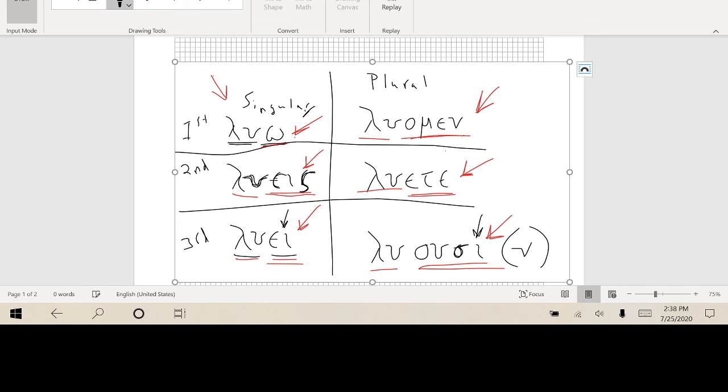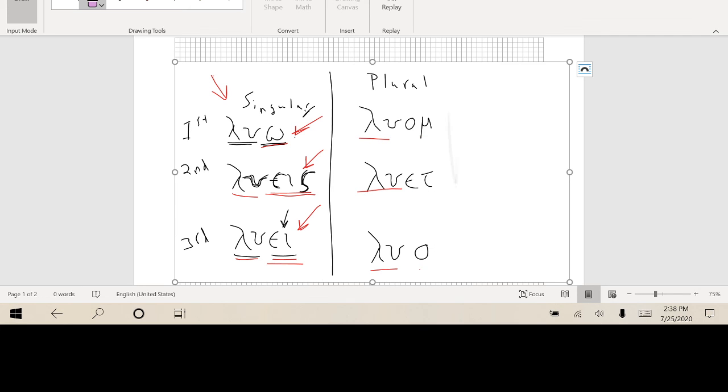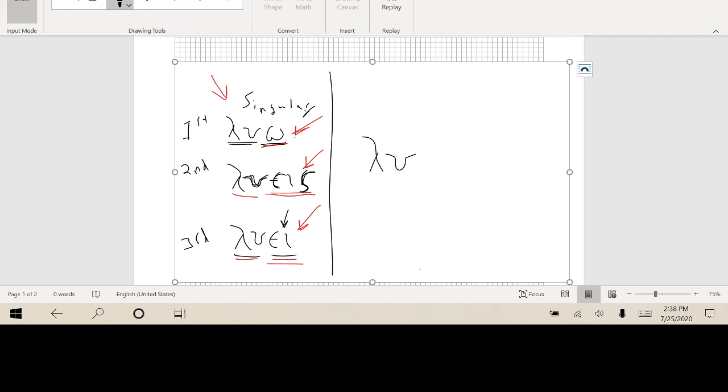Sometimes this movable nu will slip in to prevent hiatus. And you're like, what now? A high what now? So basically, hiatus, if you were going along writing and you're like lu, u, si.